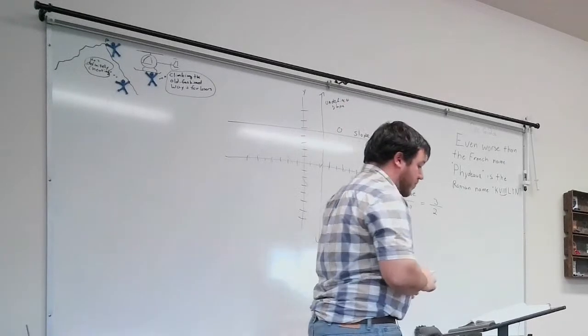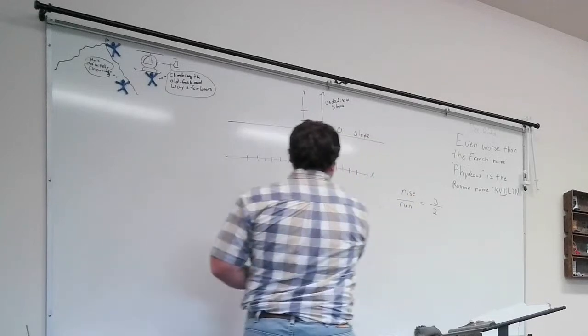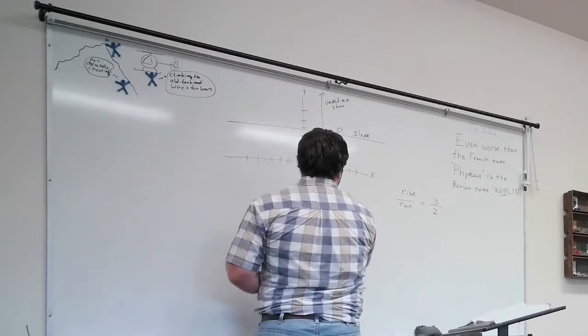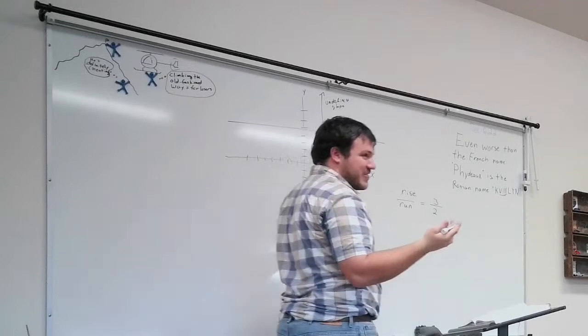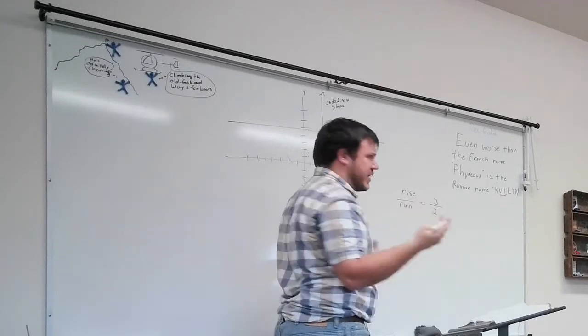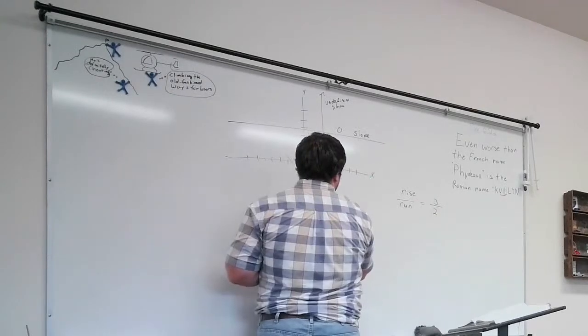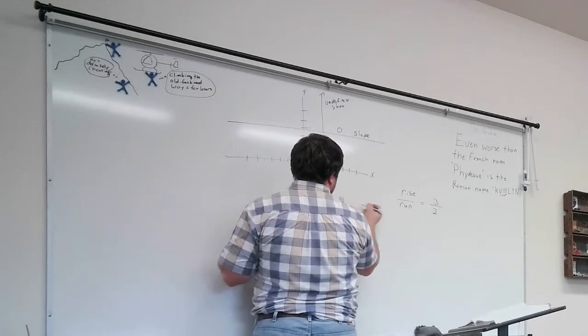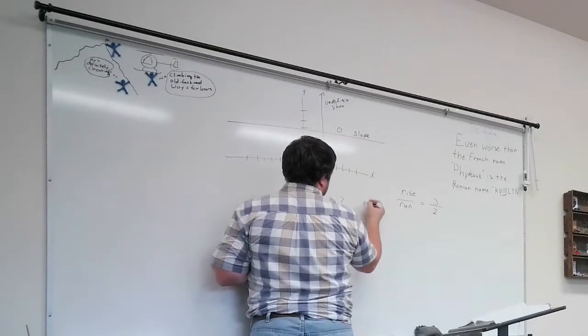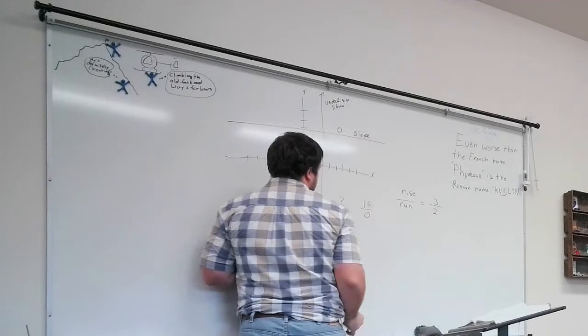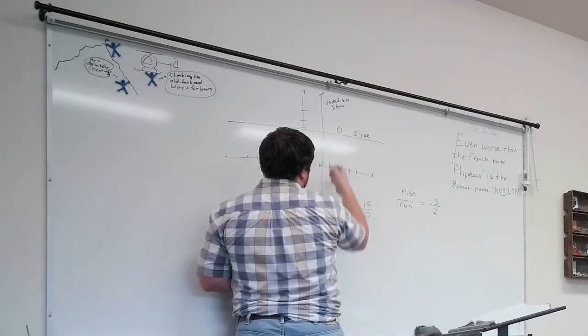Now, basically the deal is this one has no run, right? So if you were to express this in numbers, you just really can't. I mean, you could write 7 over 0, but it doesn't mean any different than if you would write 15 over 0, right? So this is an undefined slope.